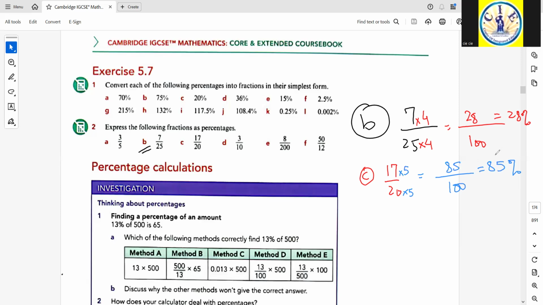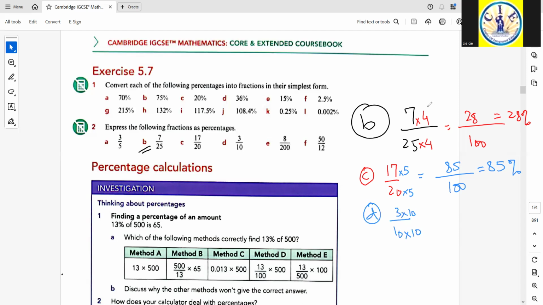Okay. In the same way, we can do, let's suppose, part D, and it is going to be 3 by 10 times 10 times 10.